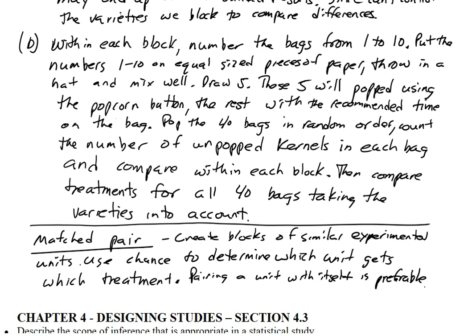So you would have to randomly select, but that would be a matched pair with himself. And you want to make sure you randomly selected which side, because if you have a dominant hand, which everybody has a dominant hand, then you might shave differently on the dominant hand side than you do on the non-dominant hand side. And so you'd want to control that variable by randomly selecting which side they shave with which razor.